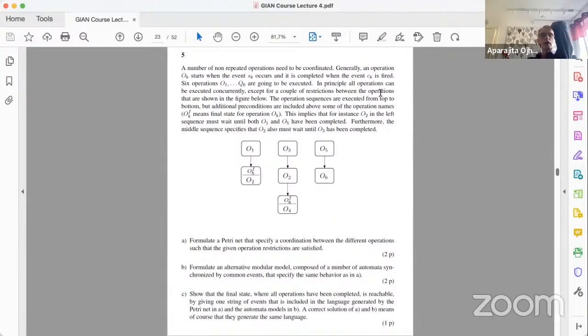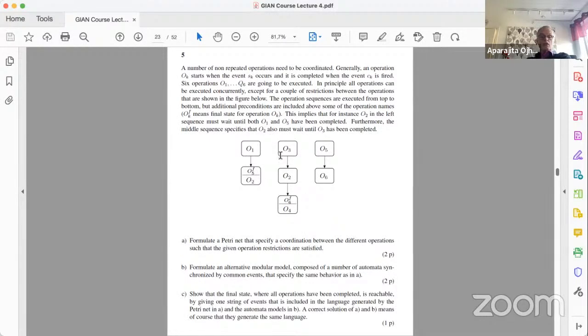So I made some comment here saying that I assume that I have a variable related to this system, where the variable can have one value or one state here. And you also see that the second operation also has a restriction related to O5. So O5 must be completed or finished to start O2.